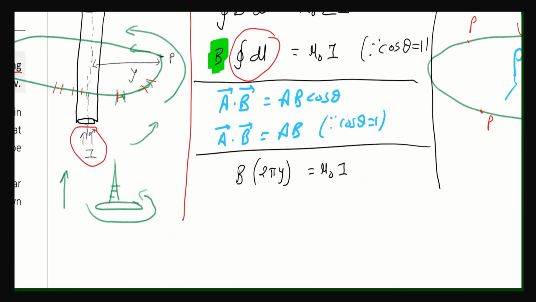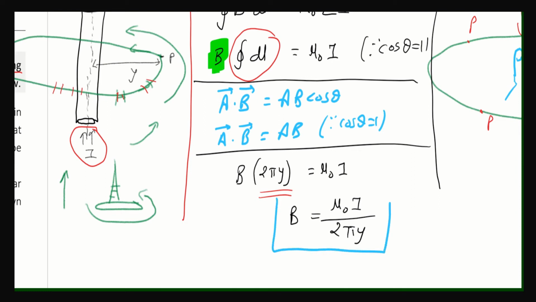And hence, closed integration B dl can be written as B times 2 pi y, and then make B the subject of the formula. So B is equal to mu 0 I by 2 pi y. This is the expression for magnetic induction at a given point due to a straight current carrying conductor.